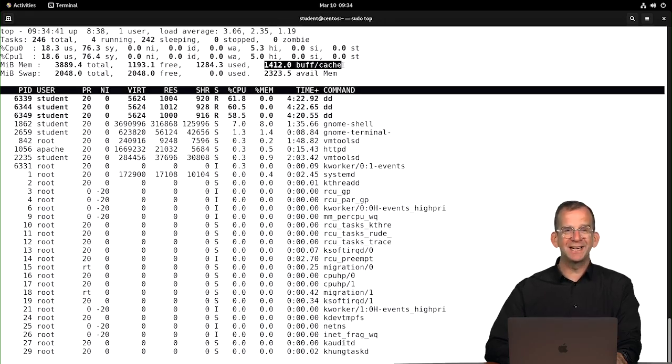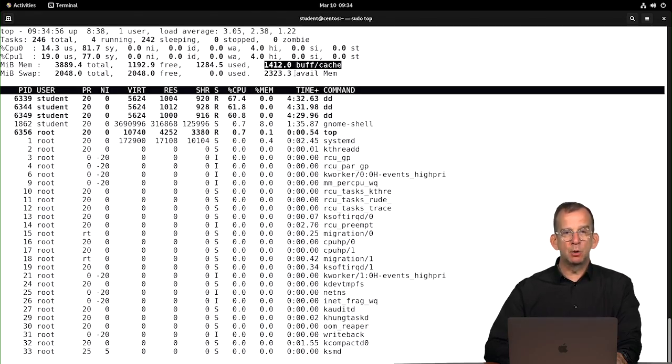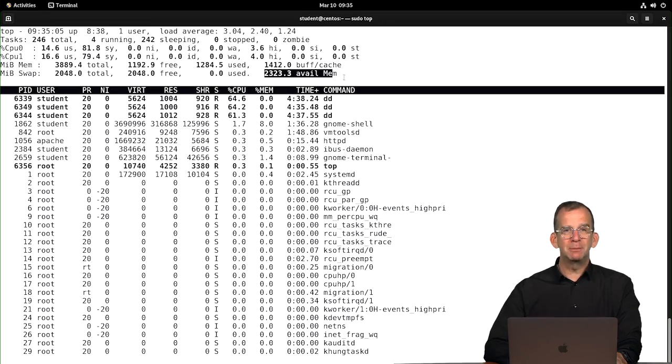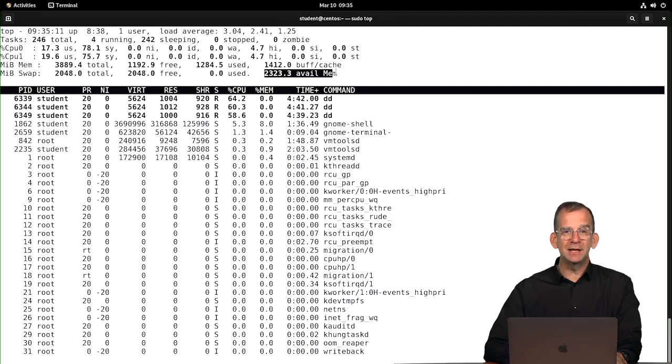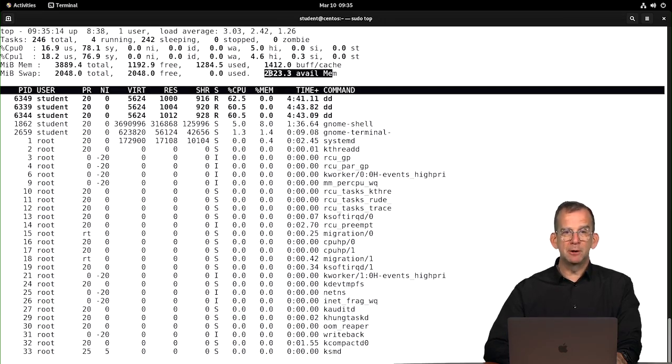That's what we call inactive cache. And available memory is a summary of inactive cache and free memory. The thing about inactive cache is that if the memory is needed by something else, well, you can just clear the inactive cache, and that makes it we have 2.3 gigabytes of available memory.